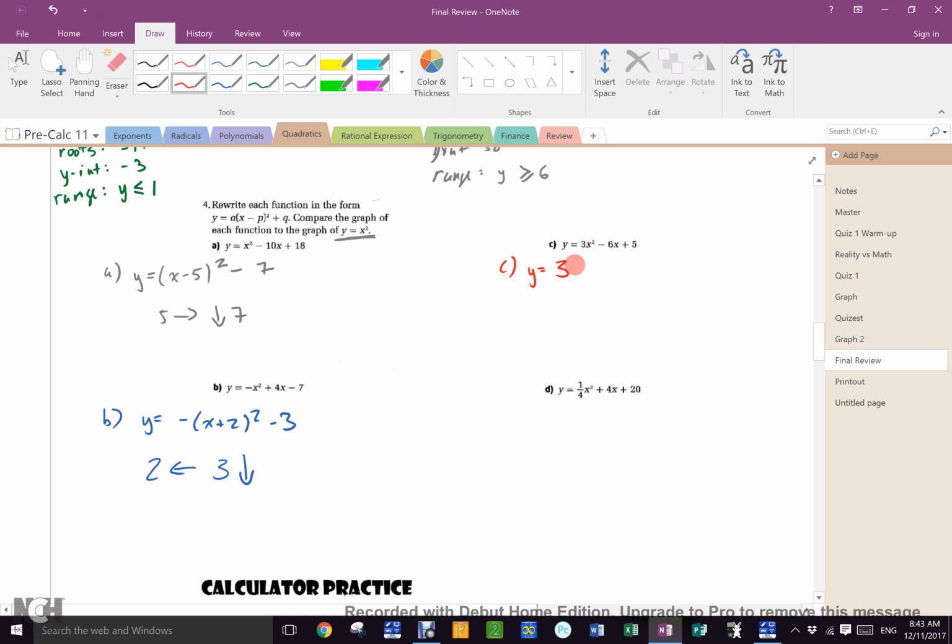I heard someone say 3. X plus 1. I have x minus 1. Because you need a negative there, right? So when you factor that, it's got to be x minus 1 squared. And then plus what?